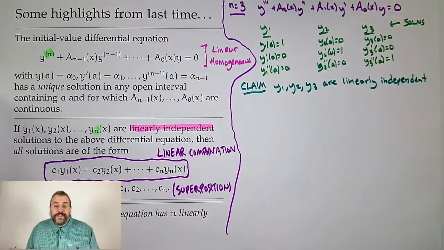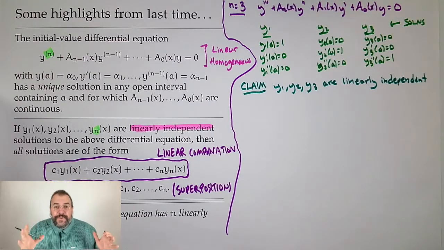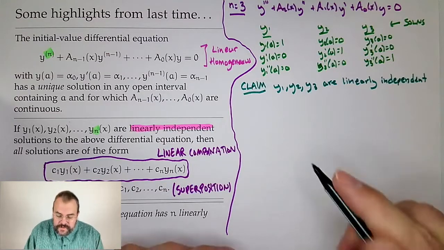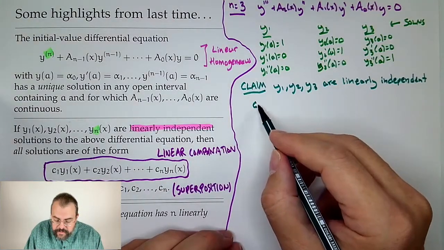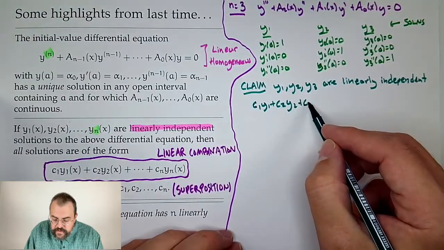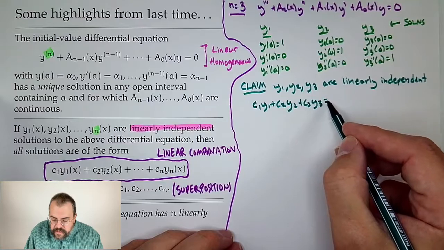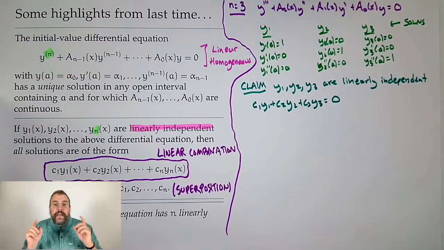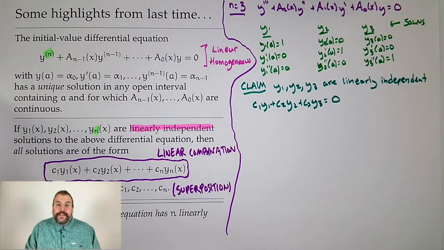Now you might say, let's use the Wronskian, but we're actually going to go back to basic principles, which says, suppose that some constant c1 times y1 plus c2 times y2 plus c3 times y3 equals 0. And we want to show that all of our constants equal 0. If we can do that, then they must be linearly independent, because there's no redundancy. We need all of them.